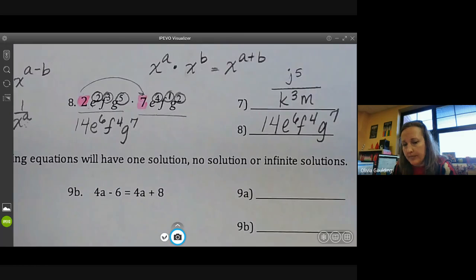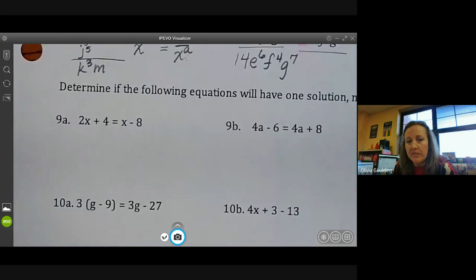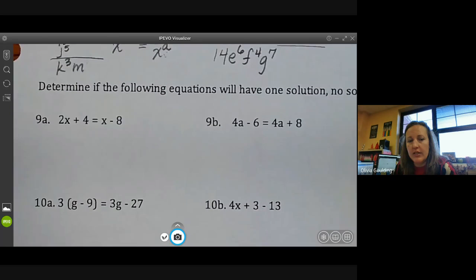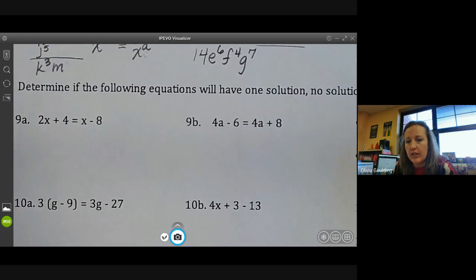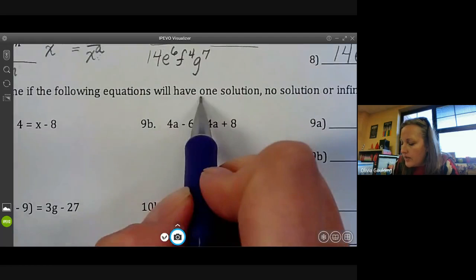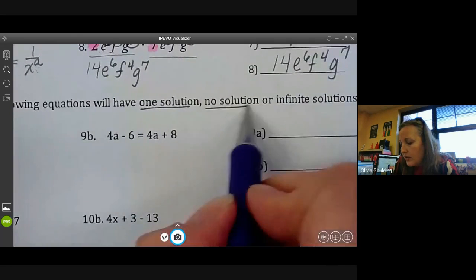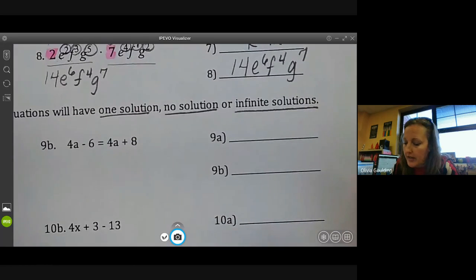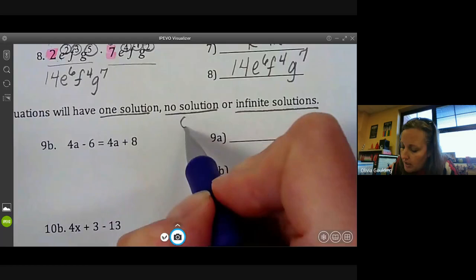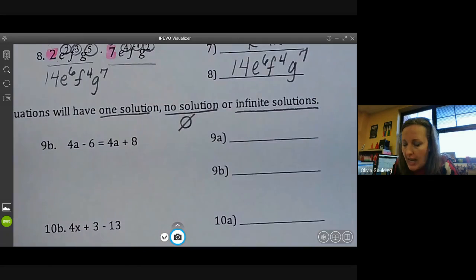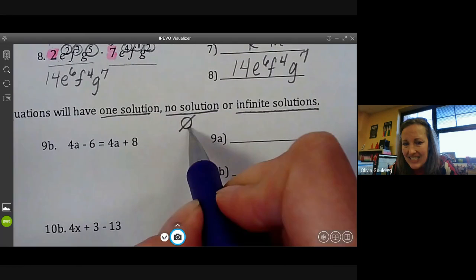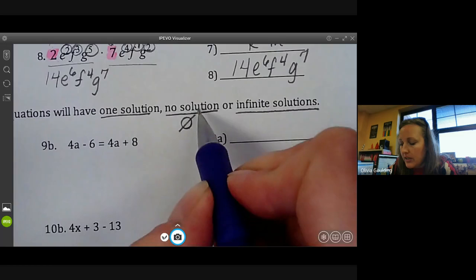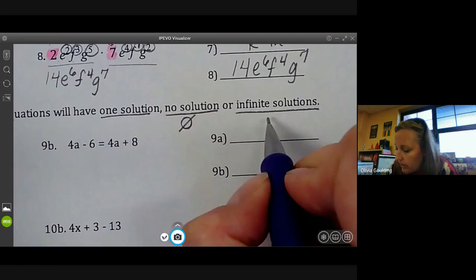Okay? Now let's go down and I want to look at number 9a. The directions say determine if the following equations will have one solution, no solution, or infinite solutions. Now the shorthand for no solution is an O with a line through it, which actually means empty set, but another way of referring to it is no solution.